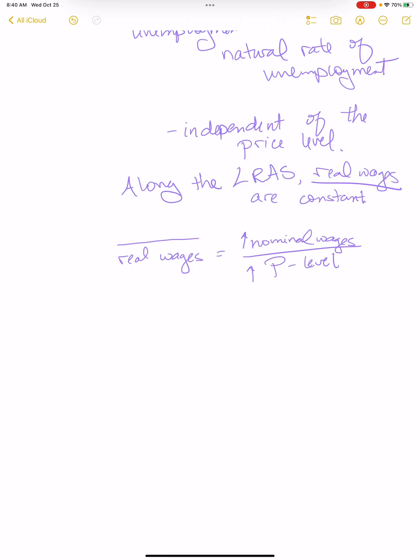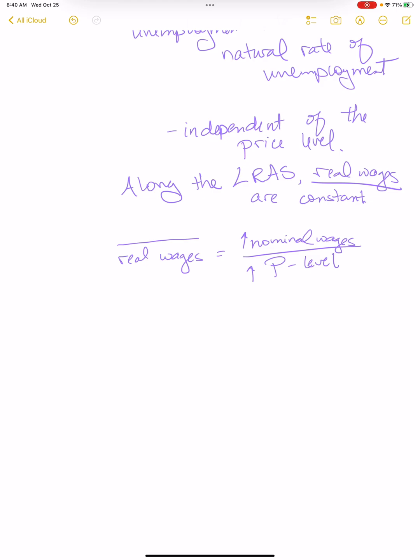Nominal wages, if you don't remember that term or the difference between nominal and real: nominal is the value in your paycheck, literally the dollar amount that you make. Real is what you can actually afford to buy with that paycheck given the current price level.